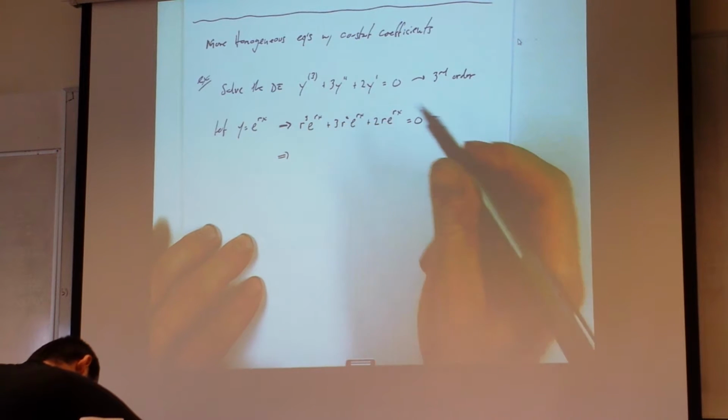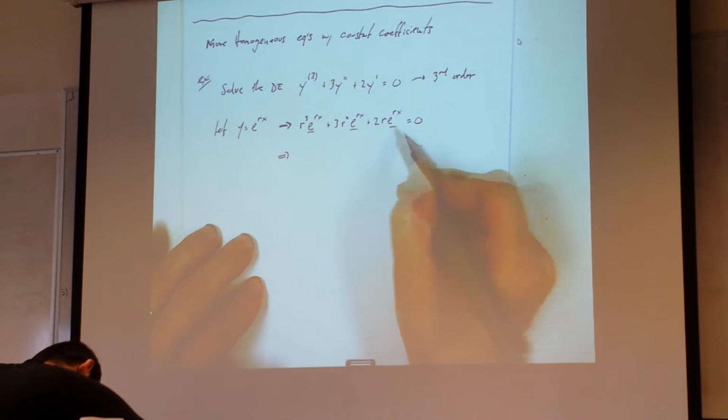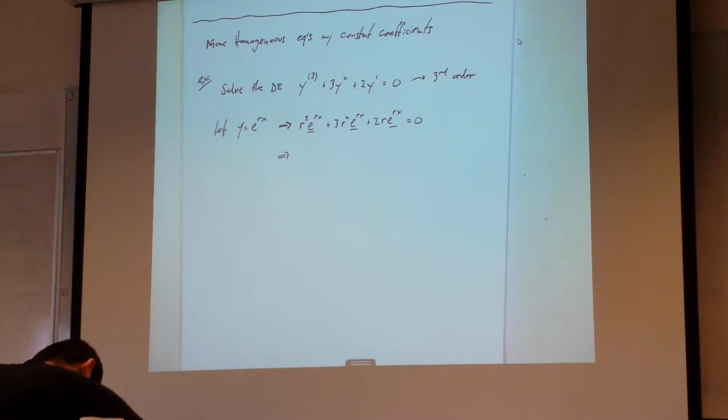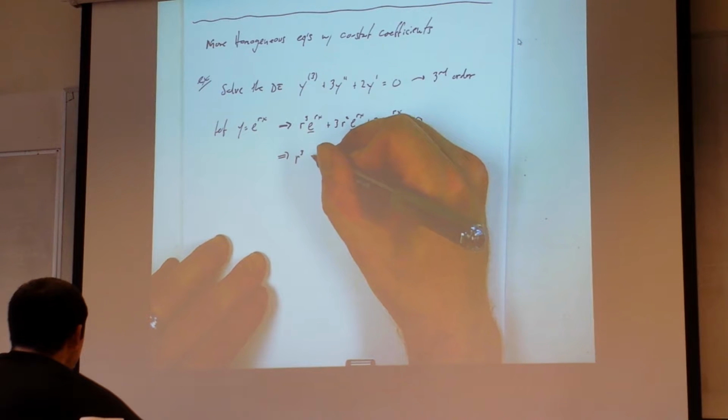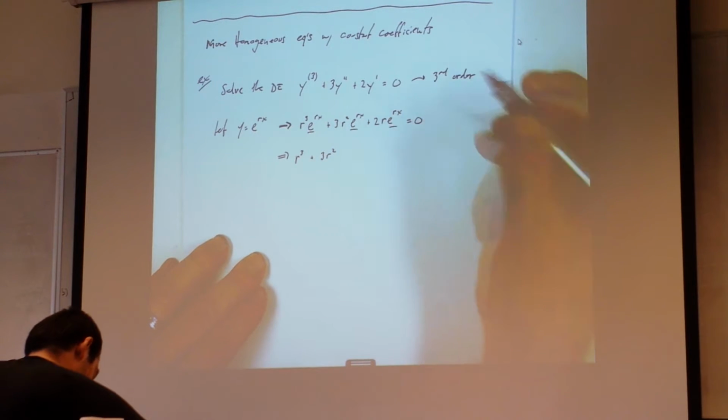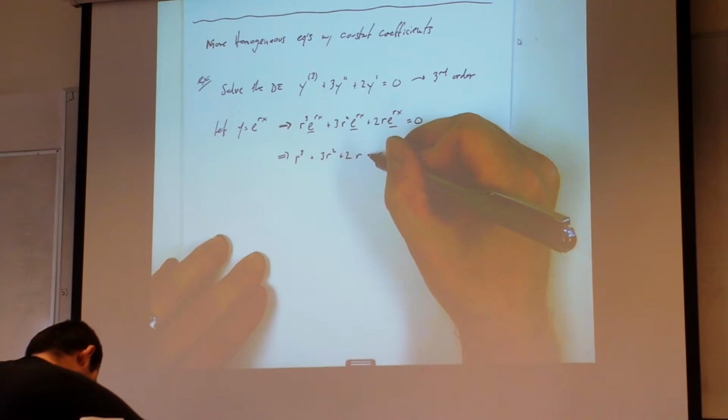One more step: if we factor out, or equivalently divide both sides by, e to the rx because it is always non-zero, this would be our characteristic equation, r cubed plus 3r squared plus 2r equals 0.